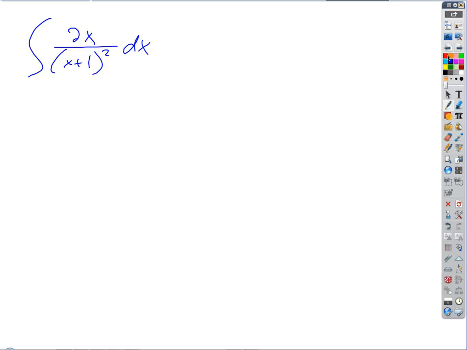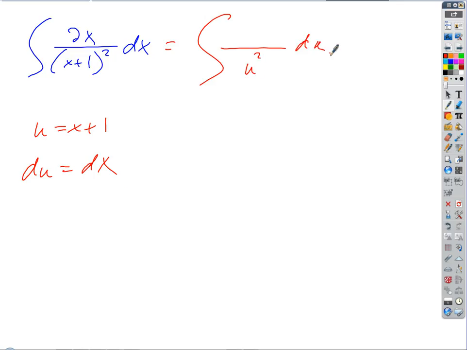So if we make the substitution u equals x plus 1, du just equals dx, right? So I'm going to get the integral of a u squared on the bottom, a du out there, and I can pull my 2 out front.